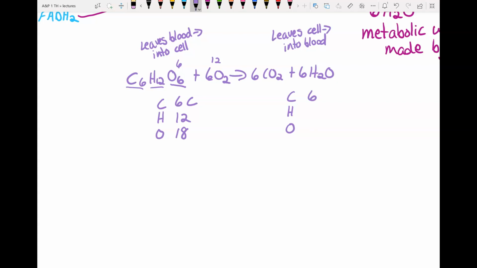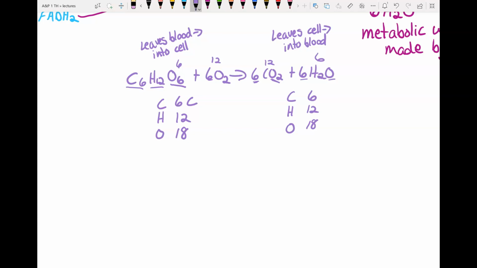Well, each water has 2 hydrogens. So if you take 6 times 2, that's 12. 6 CO2, there's 2 oxygens in each of those, and we have 6 of them. So that's 12 oxygens there. 6 waters. Each water has 1 oxygen, and we have 6 waters, so that's 6. 6 and 12 is 18. It all adds up. So all you're doing is converting glucose and oxygen into carbon dioxide and water.